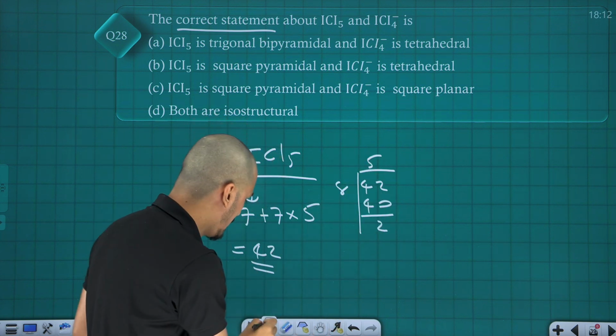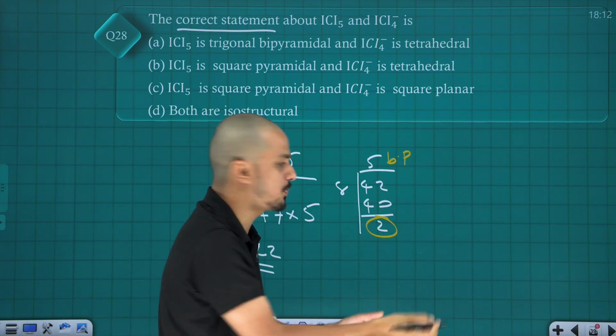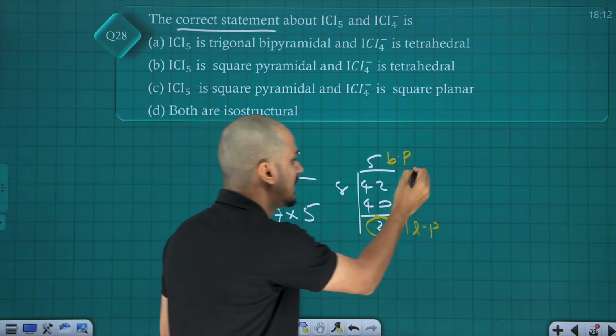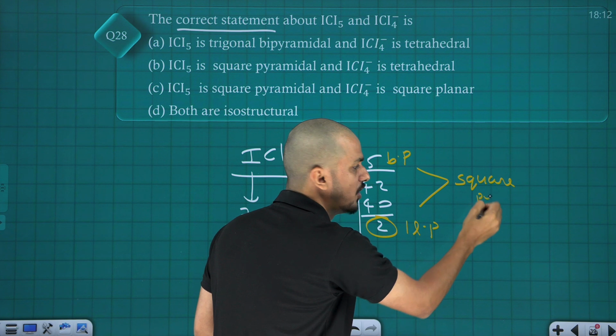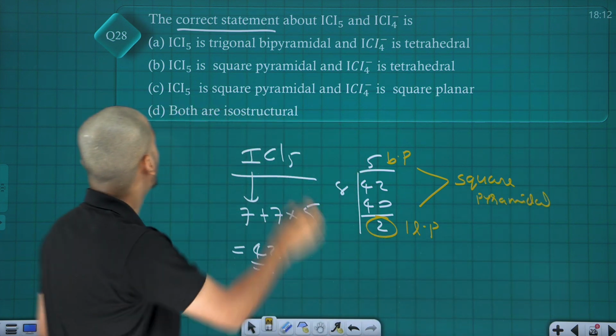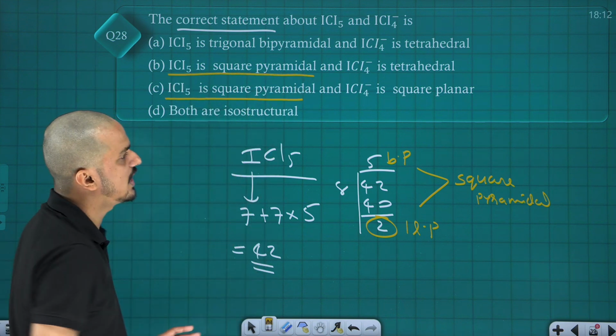Remainder is 2. I already told you, this is bond pair, and the remainder we make a pair, 1 lone pair. 5 bond pair, 1 lone pair means square pyramidal, not bipyramidal because 1 is lone pair. So ICl5 is square pyramidal.